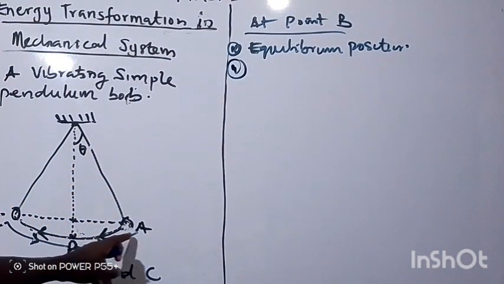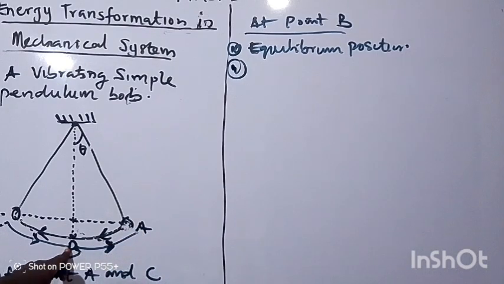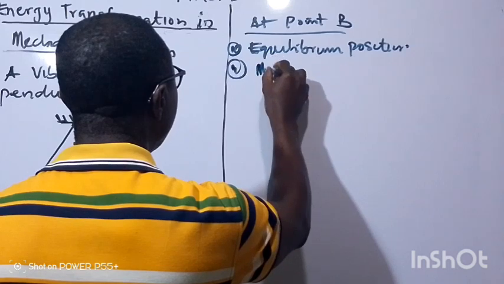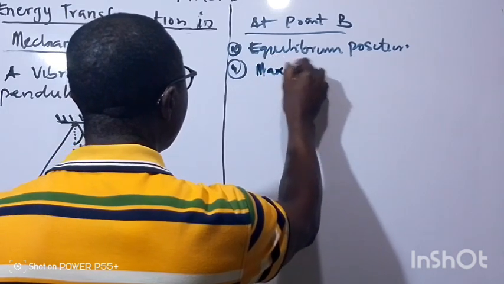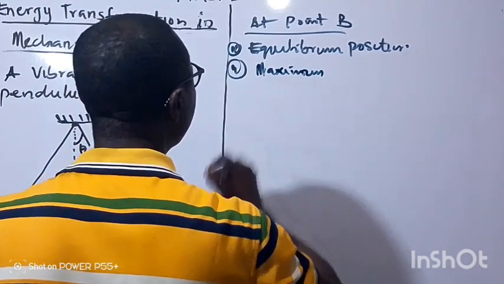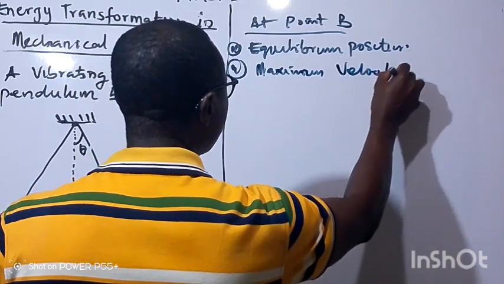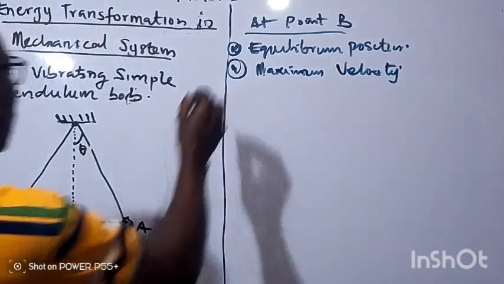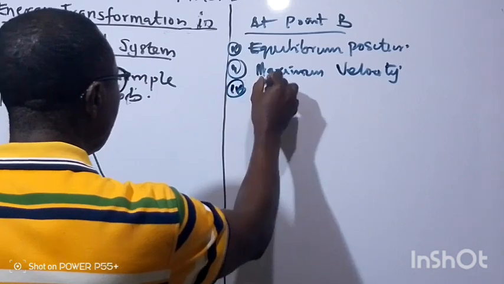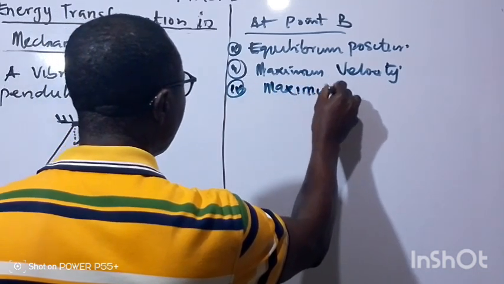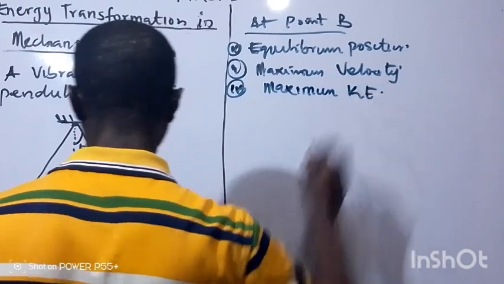Since it has moved from A to B, then we have maximum velocity, and since it has maximum velocity, it has maximum kinetic energy.